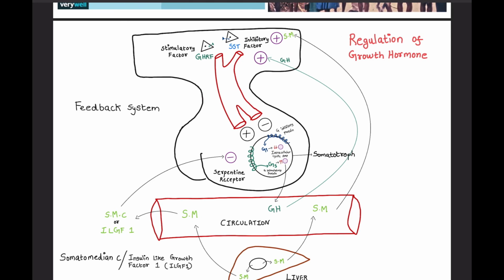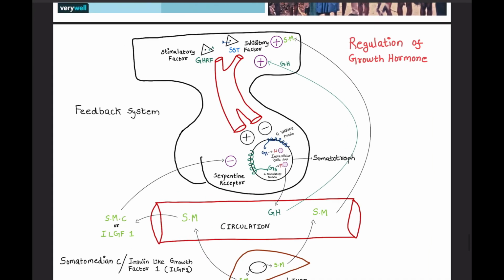And also know that somatomedins can act directly on the inhibitory factor, and it will activate or stimulate the somatostatin, that is the inhibitory factor. And you know that the somatostatin normal action is to inhibit the growth hormone synthesis and production by activating the G inhibitory protein through this serpentine receptor. This is the regulation of growth hormone. So I will summarize.